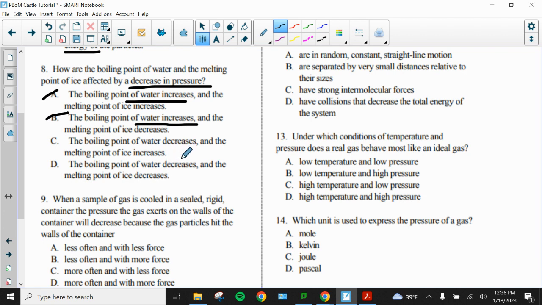The reason why I struck this out is for most liquids, if I decrease the boiling point, I also will decrease the melting point. This one's weird with pressure, specifically because the water is most dense at 4 degrees, not at 0 degrees.